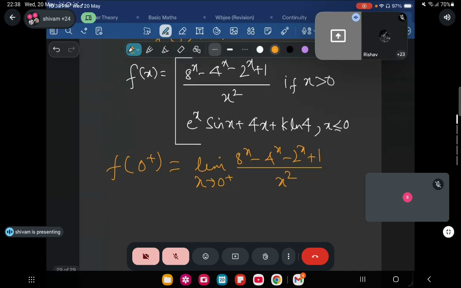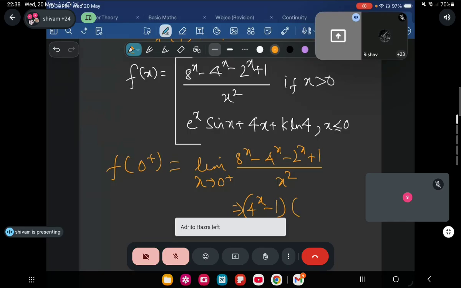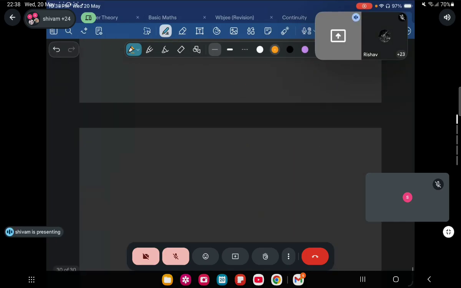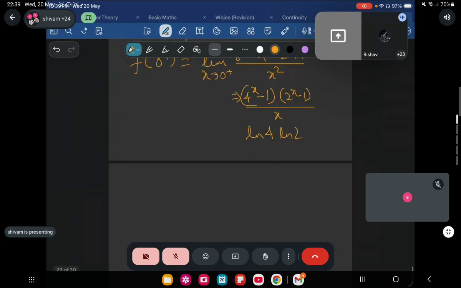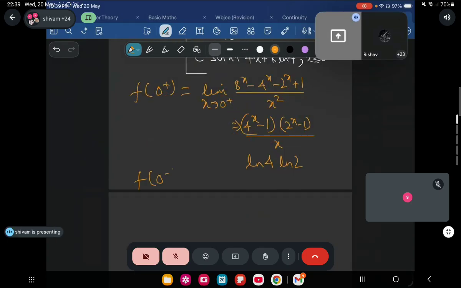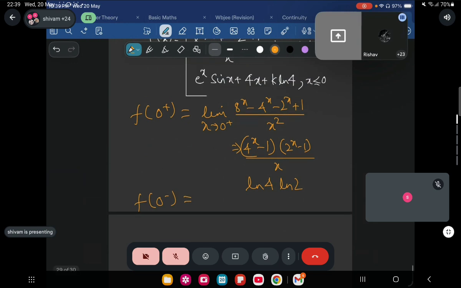Is it possible to factorize in the numerator? Take 4 to the power x common: 4 to the power x minus 1 into 2 to the power x minus 1 divided by x square. This is nothing but ln4 into ln2. Next, f of 0 minus. You'll be able to do the rest, right?